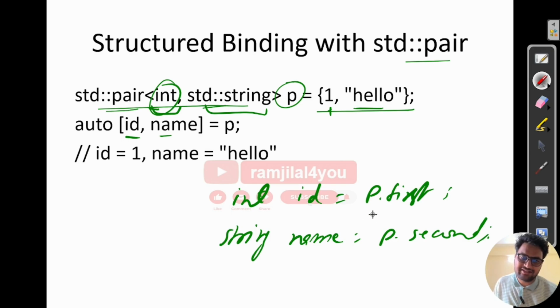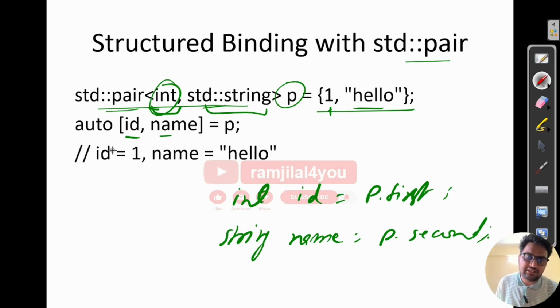This is the traditional way which can be used to copy the pair members to the individual variables. In case of pair we have only two. In case of tuple we can have multiples, 10 members or 100 members, then we have to write 100 lines, correct?